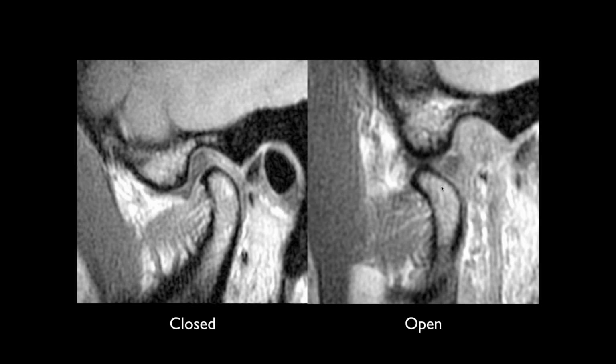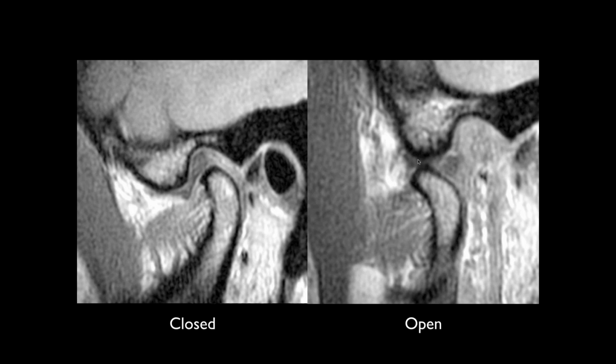In the open mouth position, what we see is that the condyle rotates. So now, instead of the neck of the condyle being angled forward, it's more vertical in this situation. The condyle itself now is translated anteriorly and inferiorly, and you can see how it's rotated.